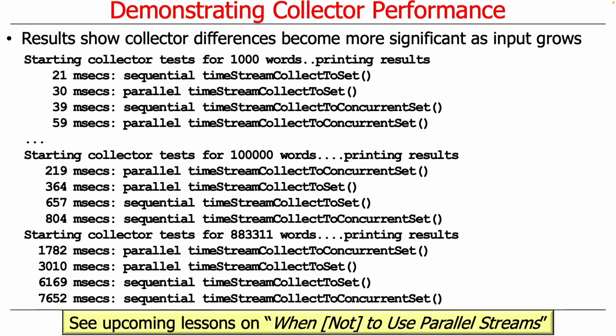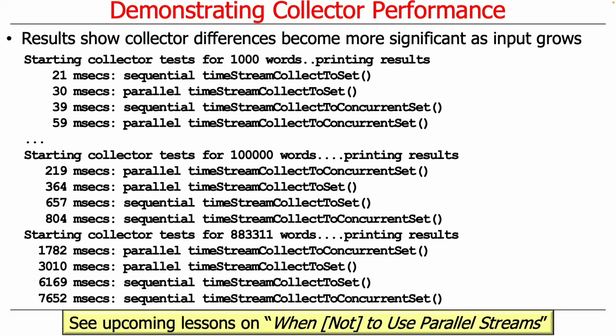And what happens here when you run these things is that the concurrent collectors work better as the number of words we're dealing with, as the input size, gets larger. So this is the example where we're merging together words from the complete works of Shakespeare, and we're trying to end up with a unique set of the words of Shakespeare.